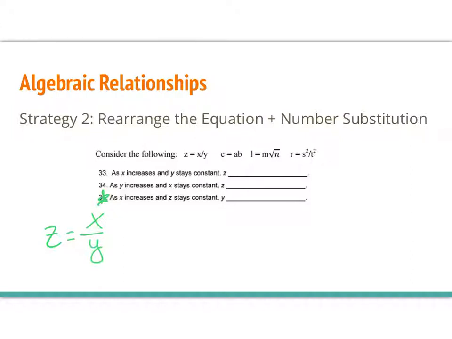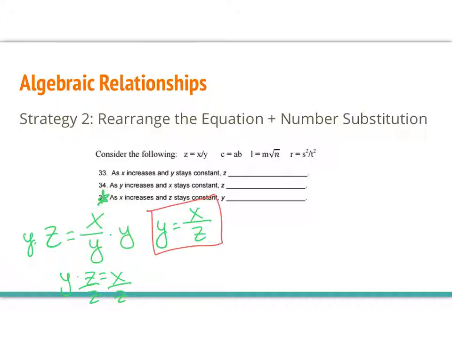Now we're looking for what happens to y, so we actually need to solve for y first. I'm going to do that quickly here and bring y to the other side. So y times z equals x. Then I'm going to divide by z, another nice inverse relationship, which we'll talk about in our last section.